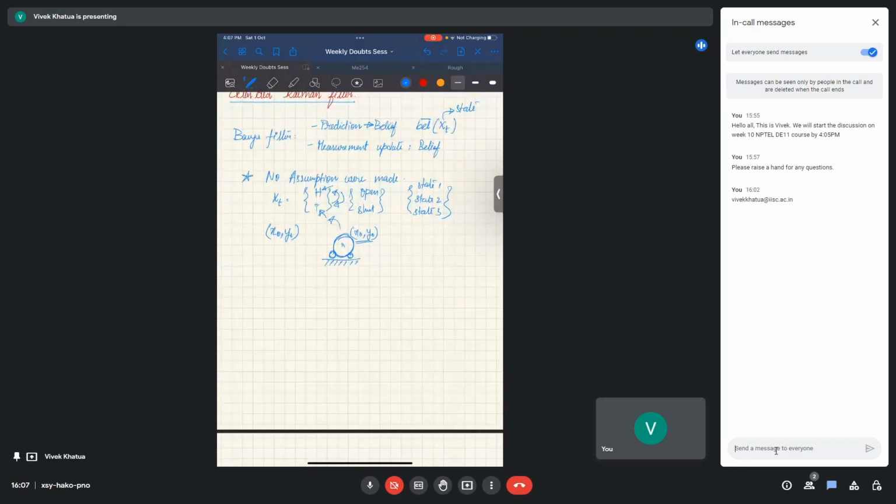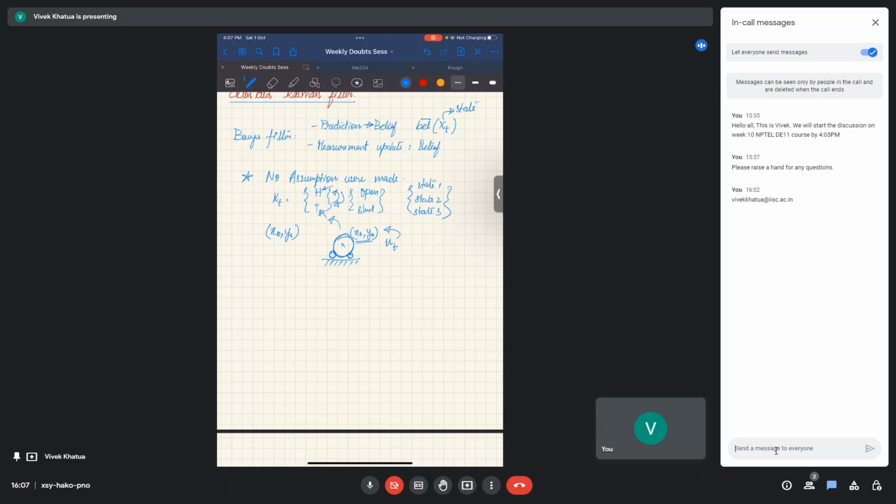You'll have multiple x naught and y naughts. So you need the probability that after a control signal u_t, your robot is at x naught y naught. That is what we are interested in.